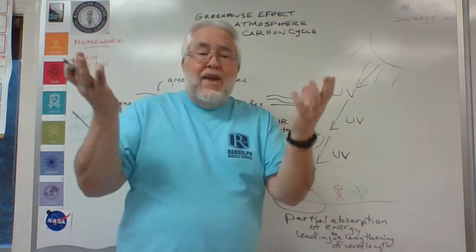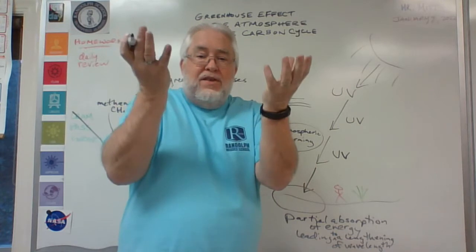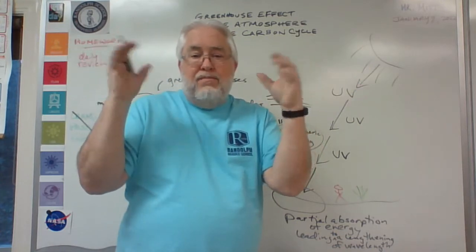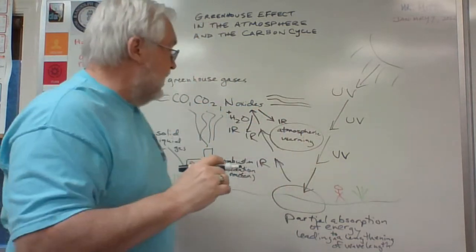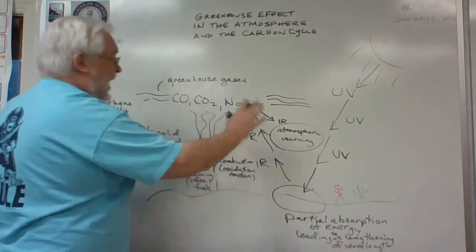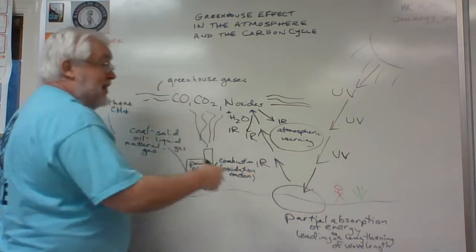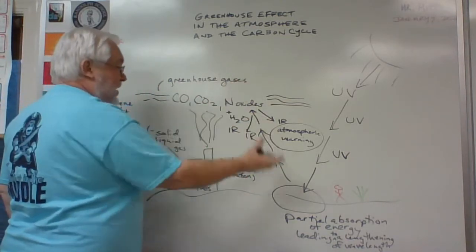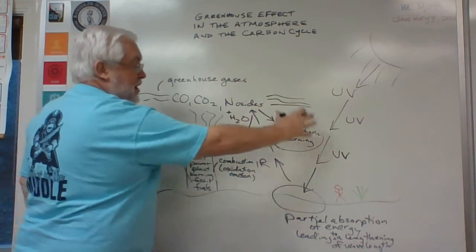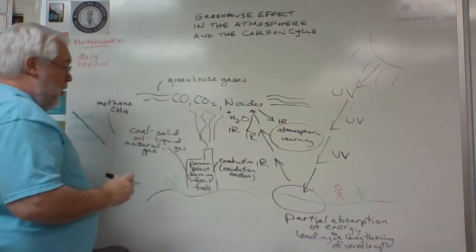If those ice caps, if those glaciers melt, then sea level rises, and those people are possibly out of their home or out of their business because of rising sea level. But this is kind of how the greenhouse effect, in a negative sense, can operate in the atmosphere, where greenhouse gases trap infrared radiation, and that can lead to atmospheric warming.